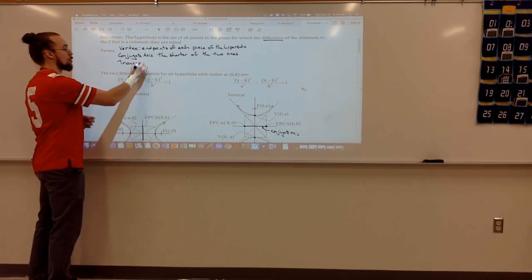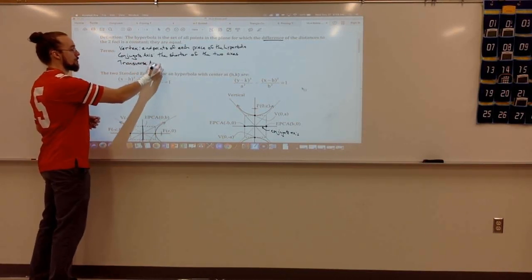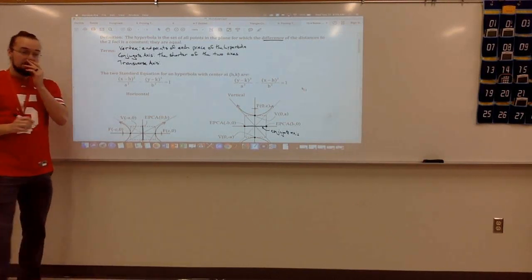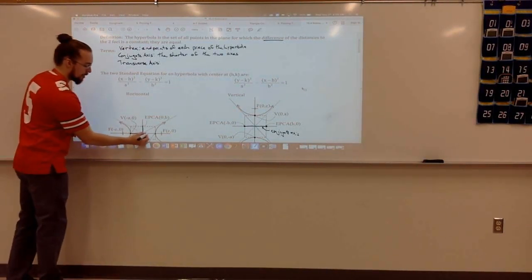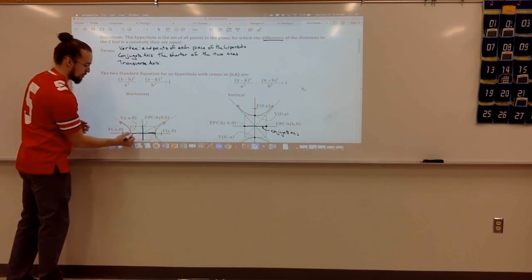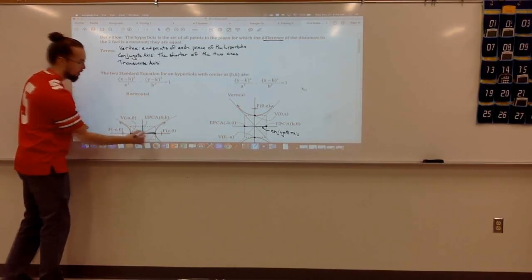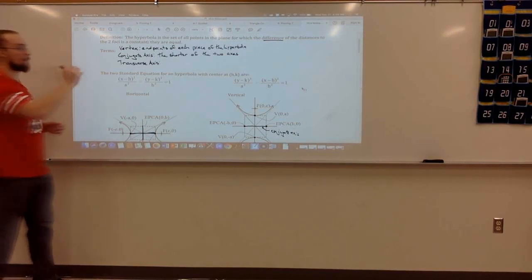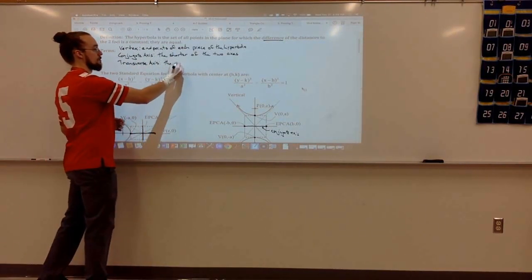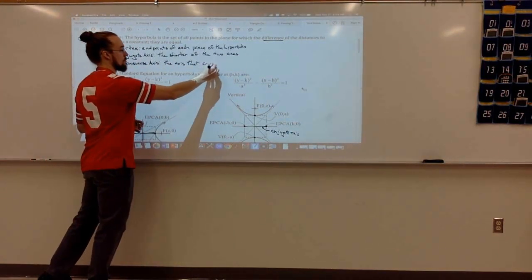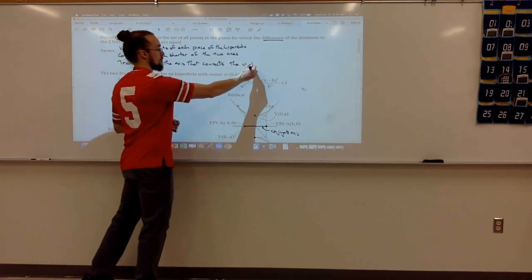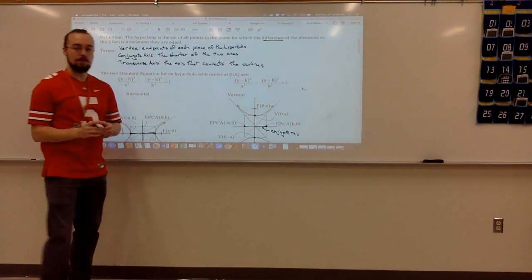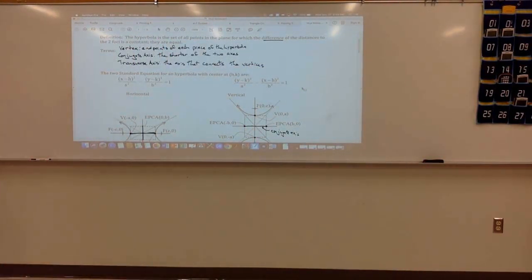It's called the transverse axis. The transverse axis is the axis that connects the two vertices, so from here to here. The axis that connects the vertices.